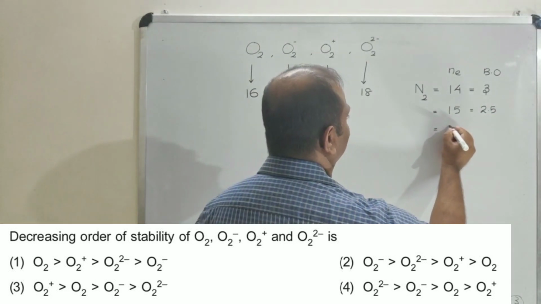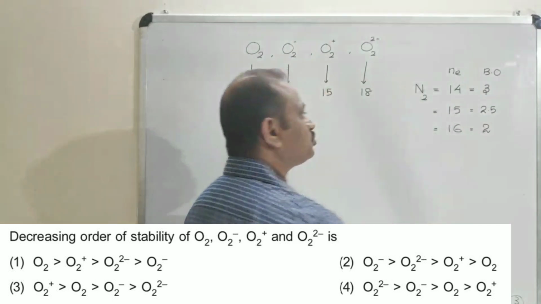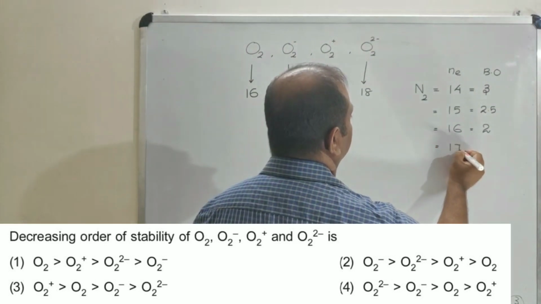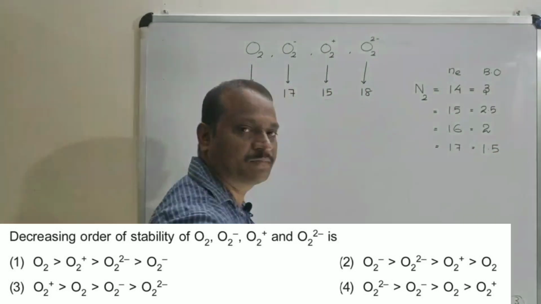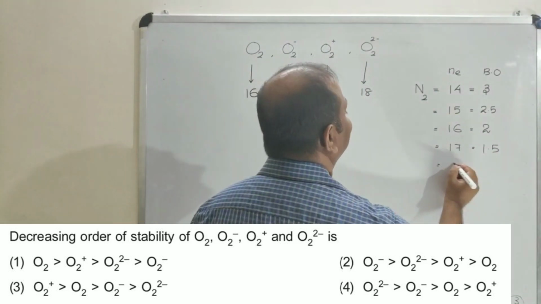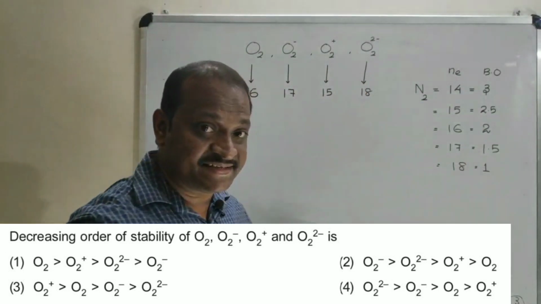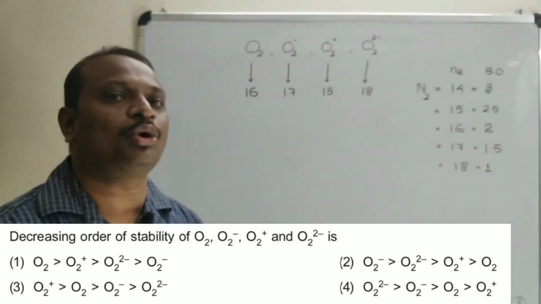Similarly, for 16, the bond order is 2. For 17, it is 1.5. Next, 18, the bond order is 1. For 19, the bond order is 0.5. For 20, the bond order is 0.